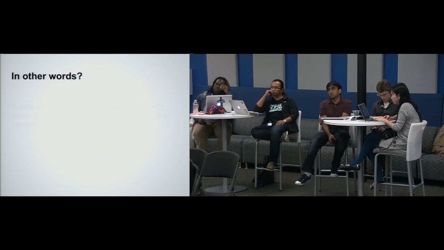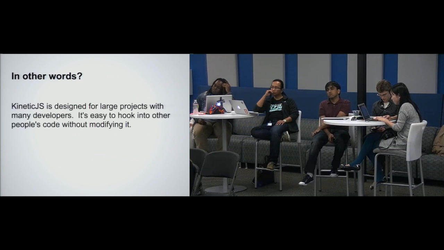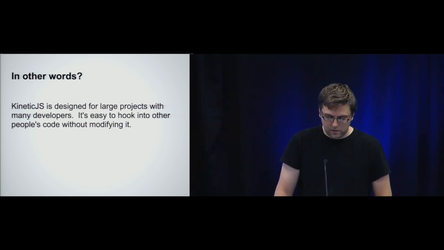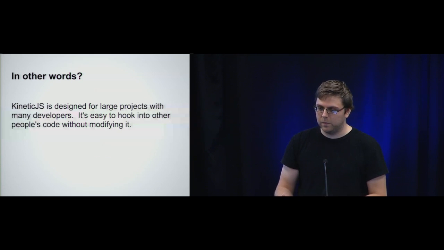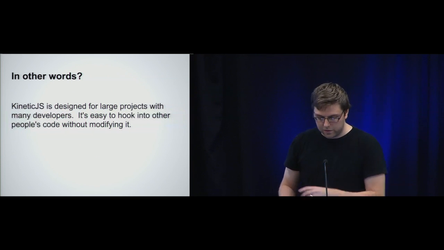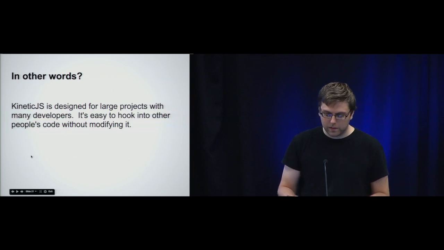So in other words, what does all that mean? Kinetic.js is designed for large projects with many developers. Because you can hook into any kind of event changes, you can hook into draw events, and you can select items from the node tree, it's really easy to hook into other people's code without modifying it.